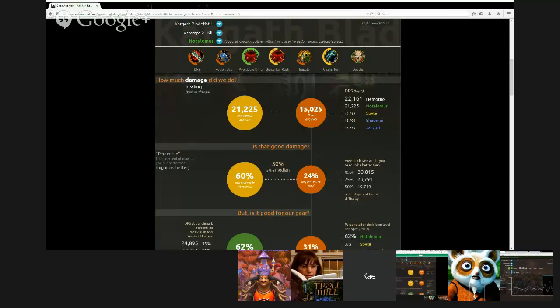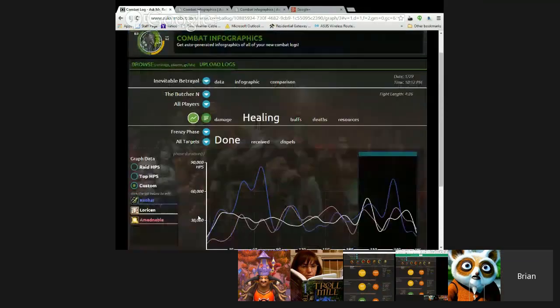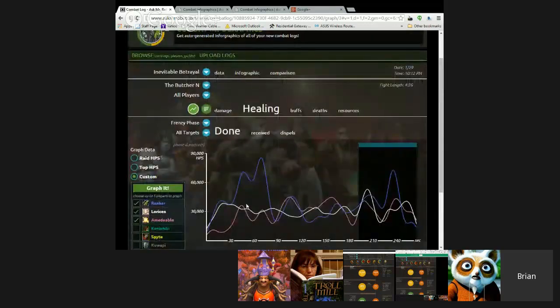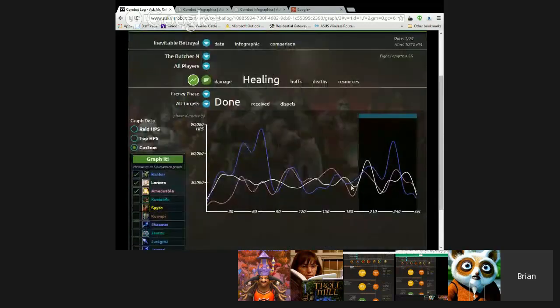Especially since everyone except maybe Hemo is still challenged with mana management for some of these longer fights. So it was really interesting to see because you can flip through the individual views for everyone. You check off the mana box, and you see how different people have different patterns for their mana drain.